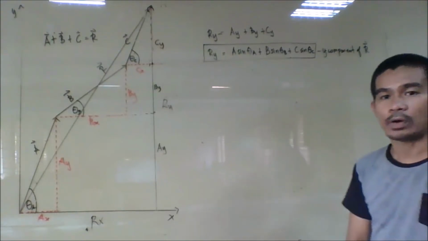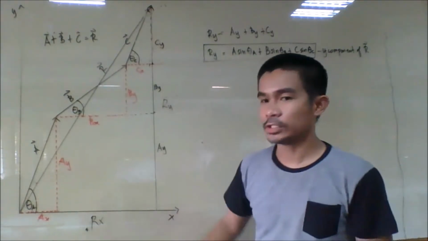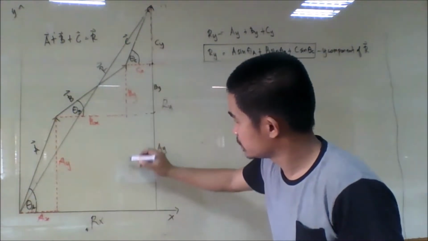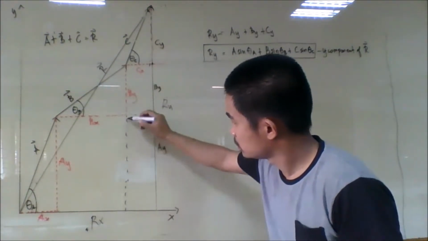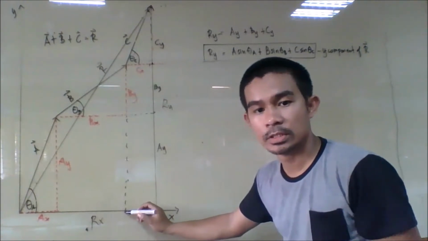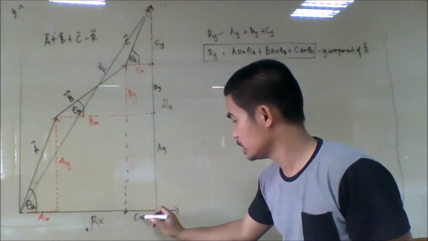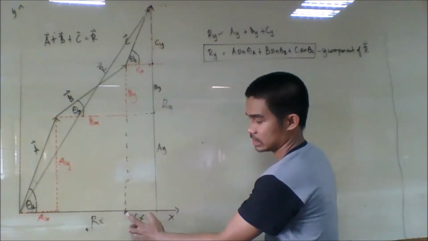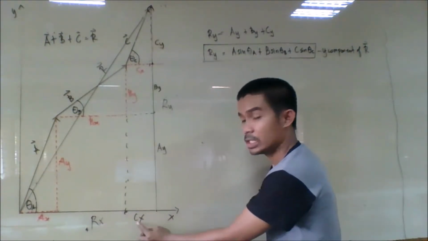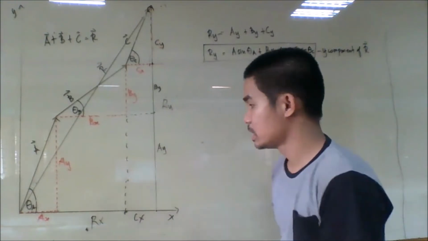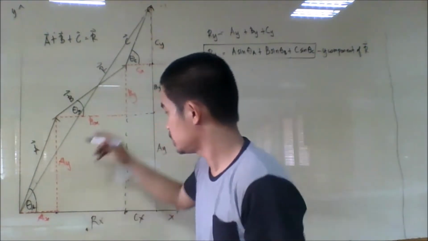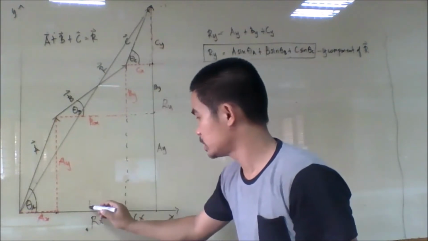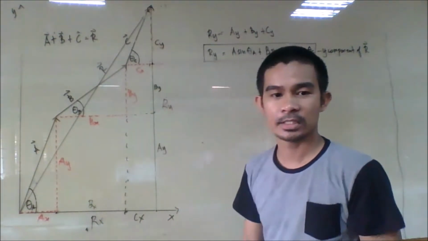All right. Now, how about the magnitude of R of x? From this point to that point, that is C of x. The length of this line, or the distance between these two points, is C of x. And the distance between this point and that point is B of x.